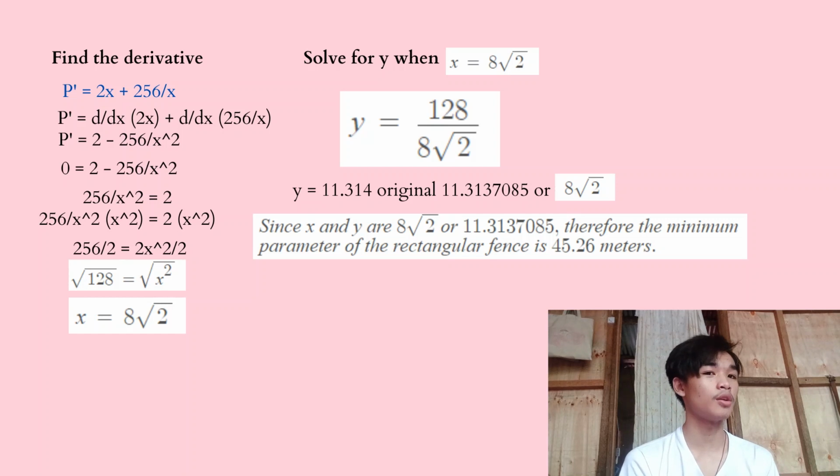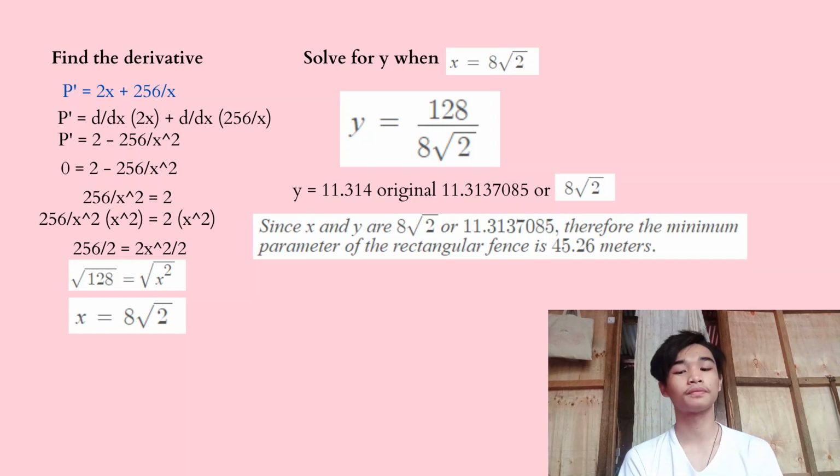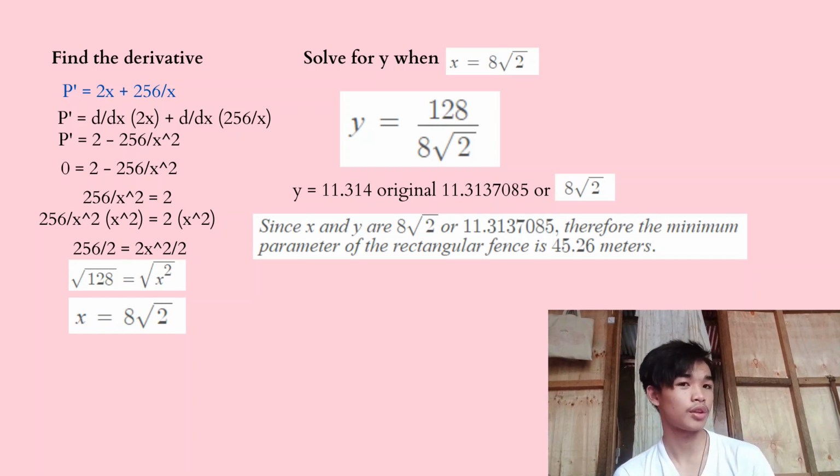Since it is x squared, we need to find its square root. We take the square root of both sides, so we will have the square root of 128 equals the square root of x squared, and the answer is x equals 8 times the square root of 2. Now, since we have our x, we need to solve for y when x is equal to 8 times the square root of 2 by using our y. y is equal to 128 over 8 times the square root of 2.